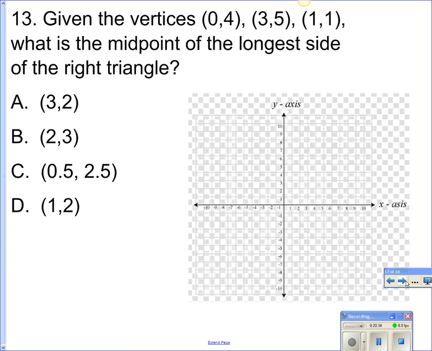All right, number 13. Given the vertices 0, 4, 3, 5, 1, 1, what's the midpoint of the longest side of the right triangle? Stephen R., what should I circle? Riley M., what else should I circle? Mm-hmm.